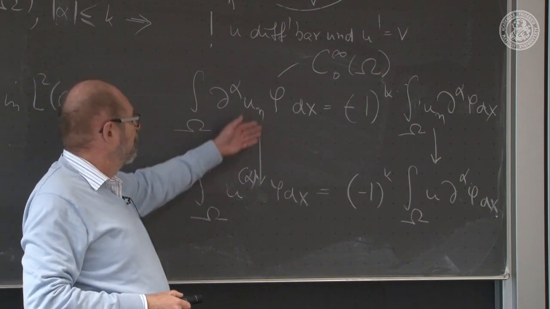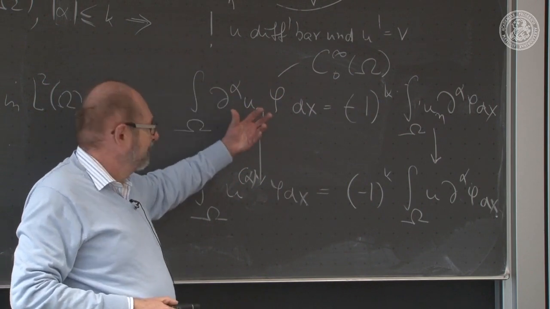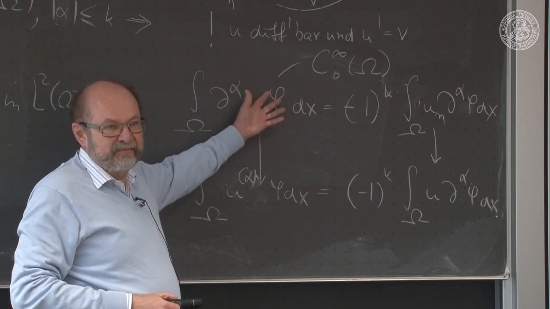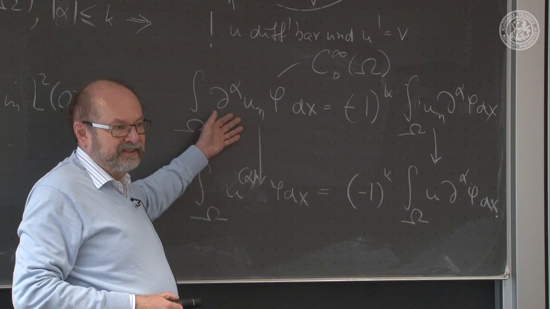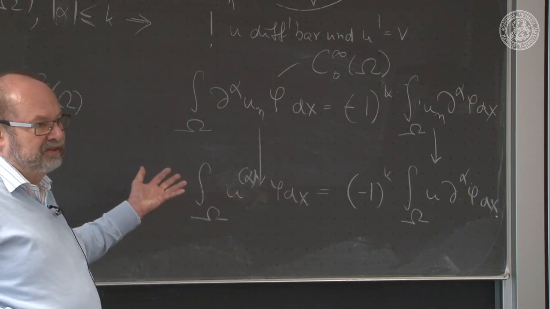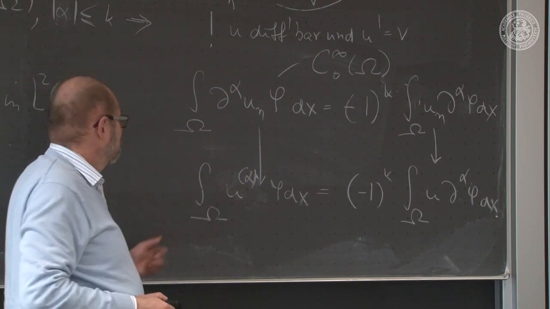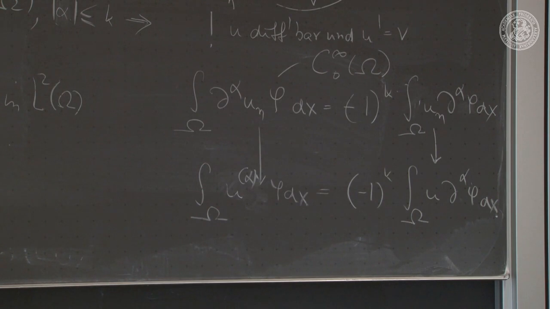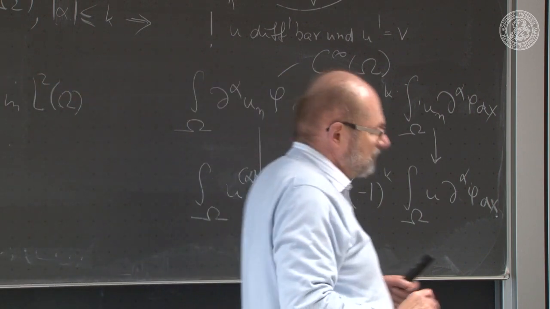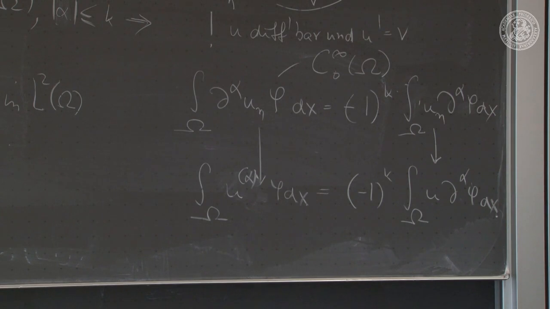I need just convergence in this sense, of testing with something so that the sequence of numbers converges. That's what's called weak convergence. So I only need this notion of weak convergence as it stands here, such that I can exchange limit and derivative. That is what I want to do. So to make a long story short, the space is complete.